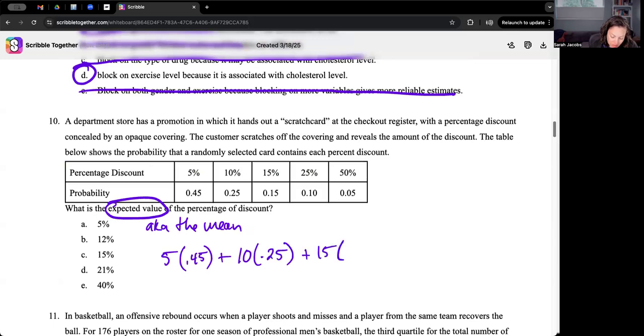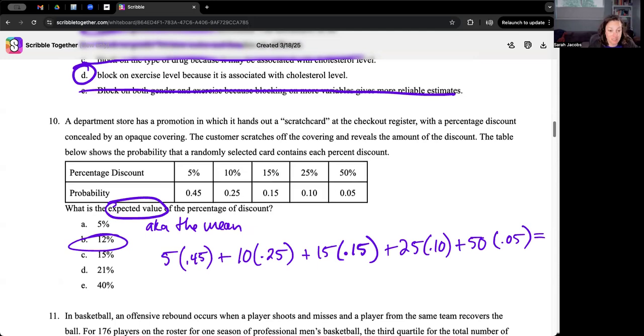There's a 15% discount, and that has a 15% chance of happening. 25% discount with a 10% chance of happening, and a 50% discount with a 5% chance of happening. When you type that into your calculator, you get that there is an overall 12% expected discount.